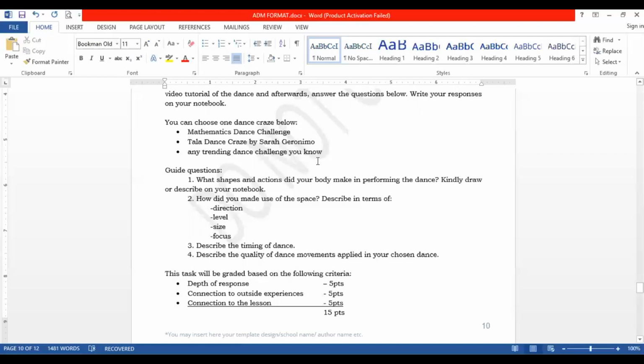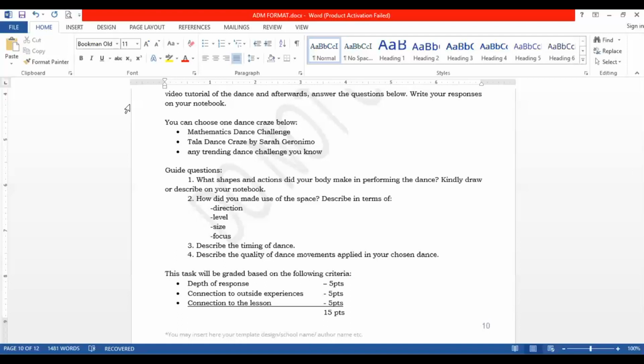So taking into consideration gender sensitive philosophy, kailangan, ang nauna ko kasing naisip dito ay Tala. No? Because yung Tala, meron siyang mga movements that are done in different levels. Meron, 'di ba, bumababa doon si Sarah Geronimo. So that's a perfect integration of the concept of space as one of the elements of dance.